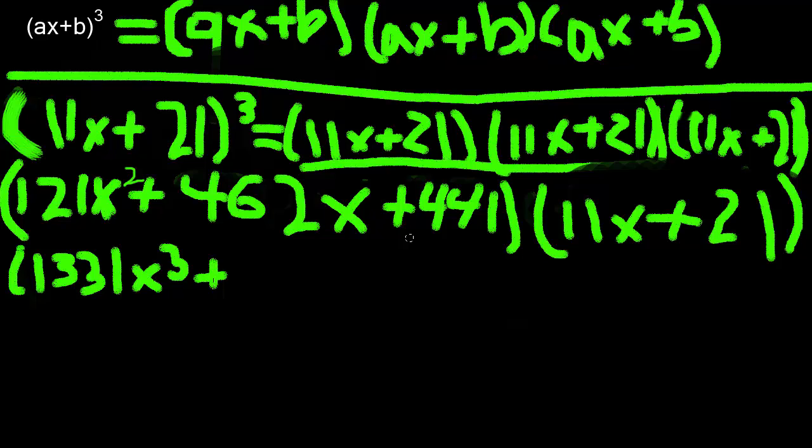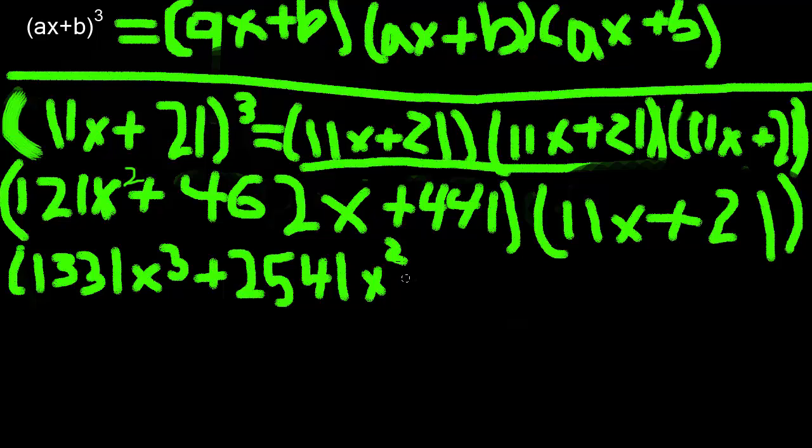So 121 times 21, and that is 2,541x squared. And you're going to notice that when we multiply these, the outer terms will never combine with any of the outer terms. The middle terms probably will.